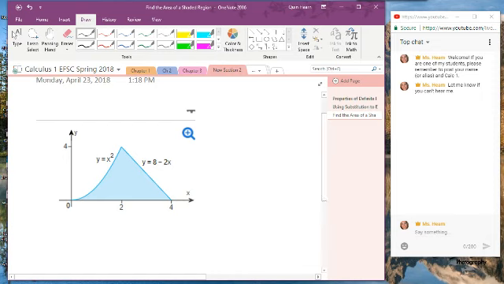All right, so notice this is actually a piecewise defined function. It's equal to y equals x squared up until 2, and then it's equal to y equals 8 minus 2x between 2 and 4. Both of these functions are positive above the x-axis on the interval from 0 to 4.